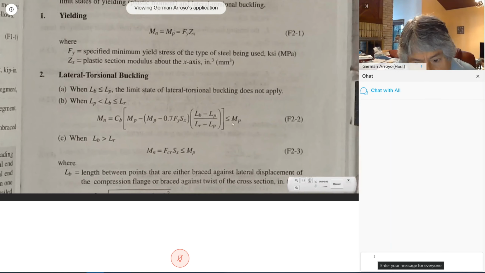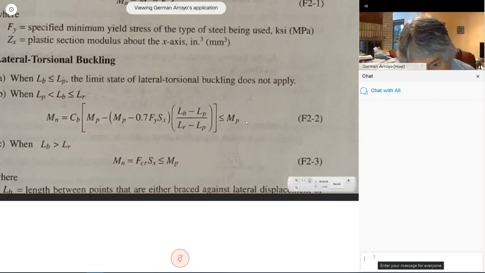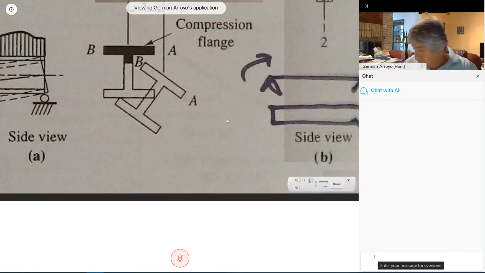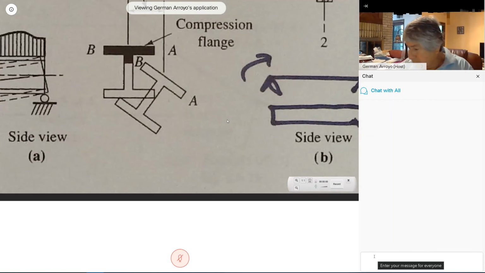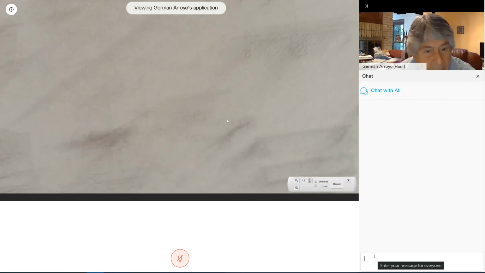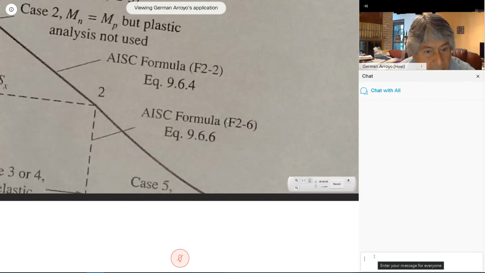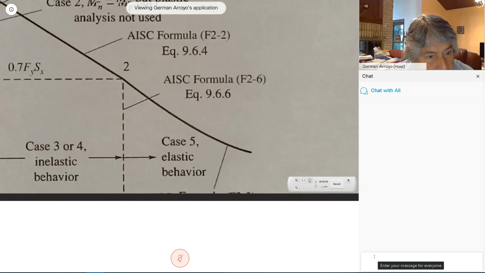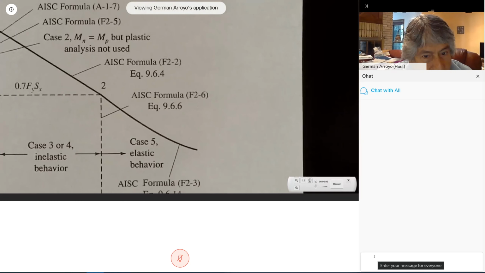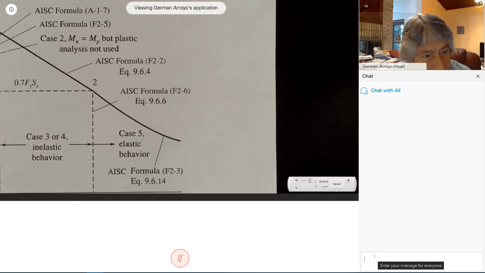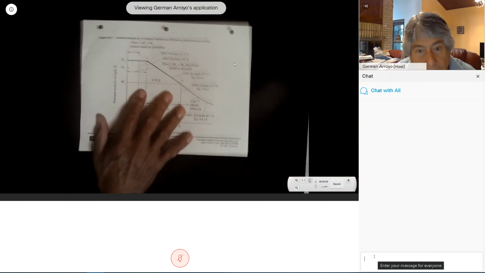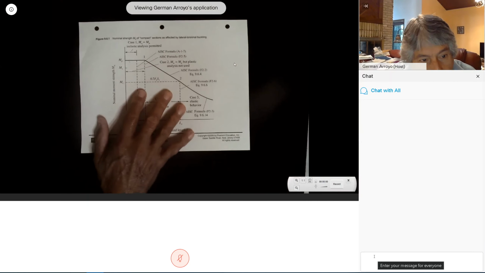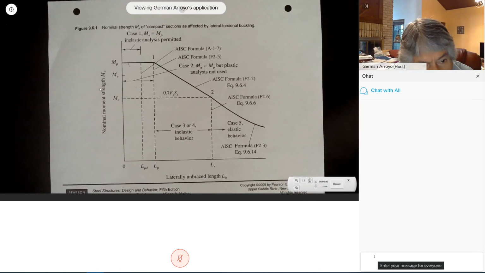That's why this is a very important limit. Nothing can be larger than the plastic moment. Otherwise, you're going to be saying that you have a moment in here.